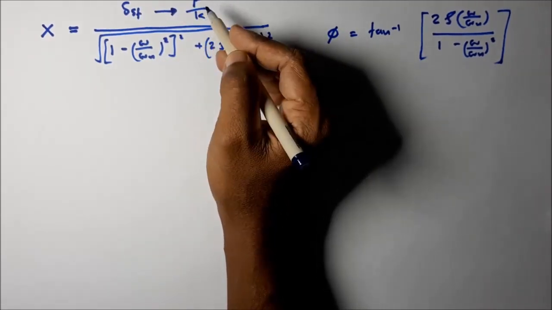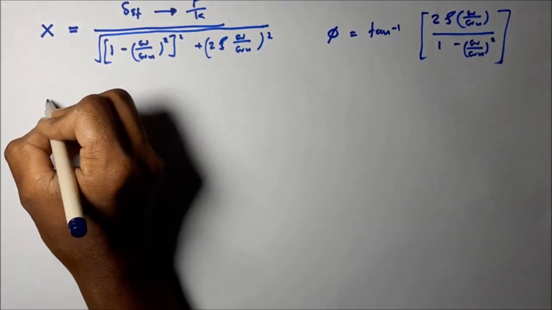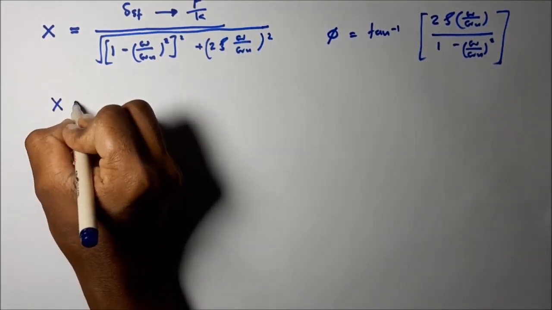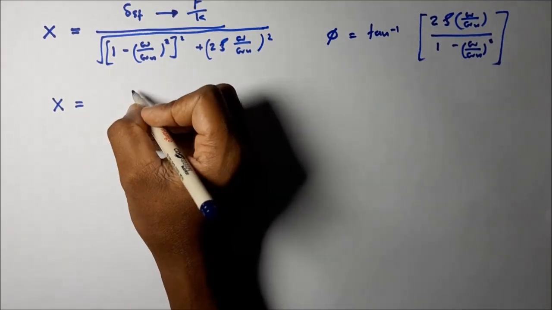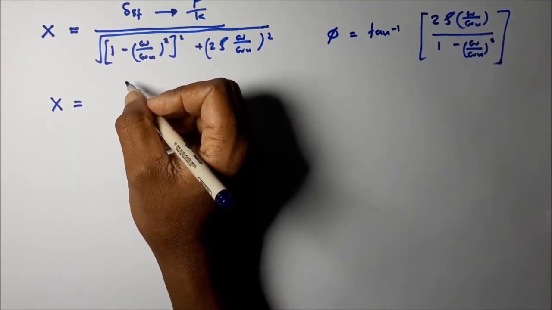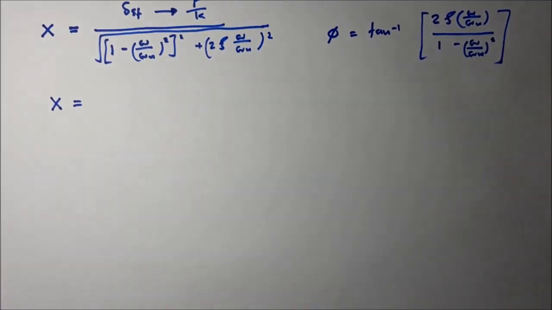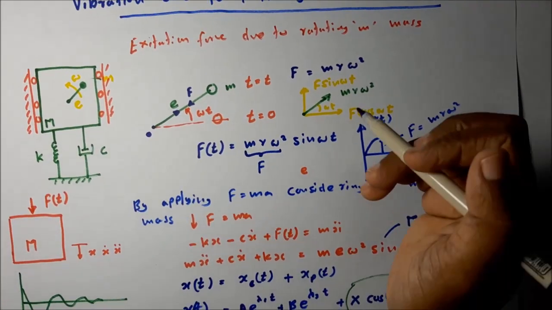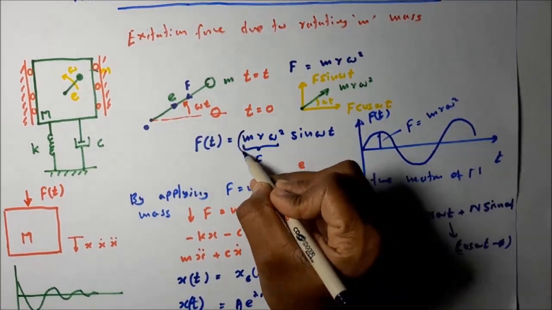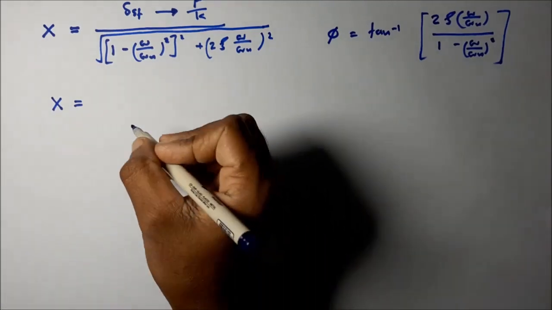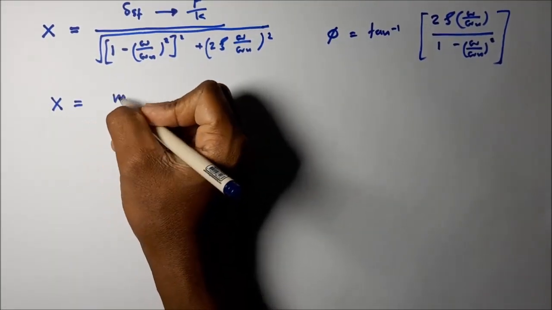Considering our rotating unbalanced system, what is F? It is the magnitude of the unbalanced force, m r omega squared.